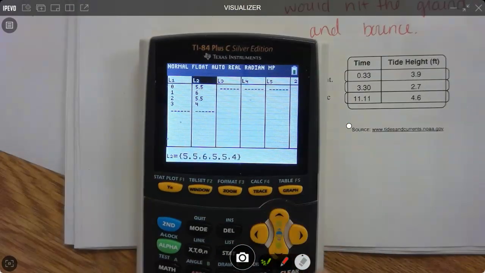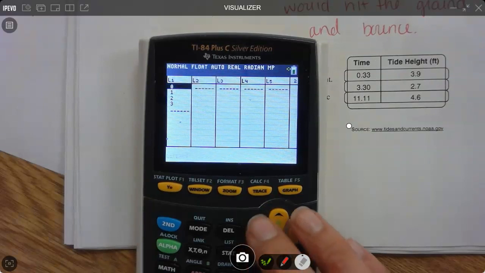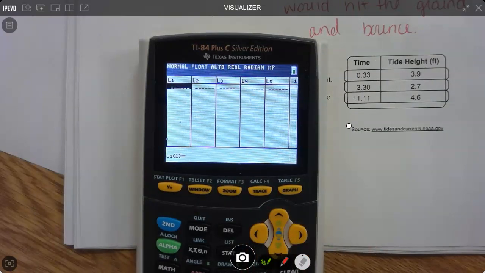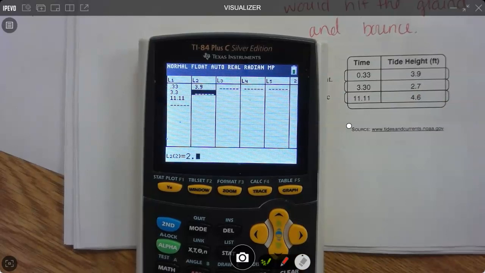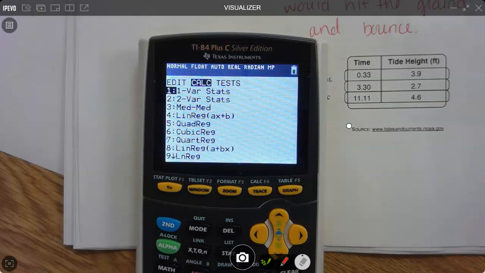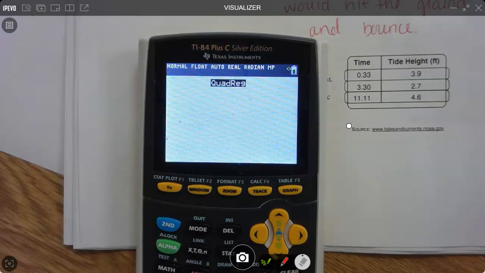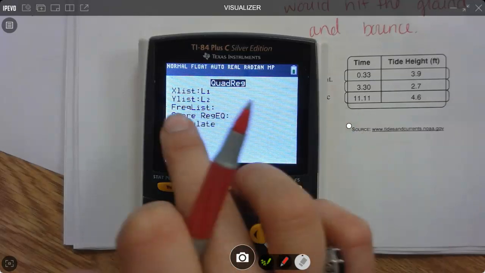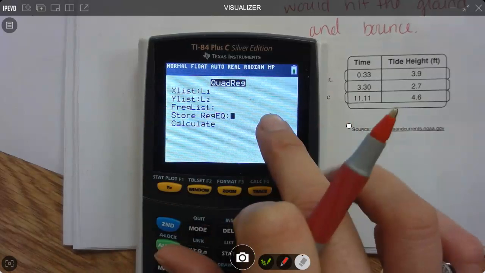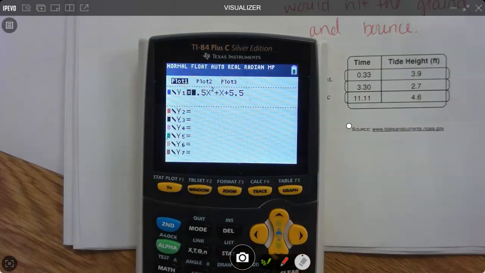I'm going to clear what's in there, type in my new data, and get my quadratic regression.